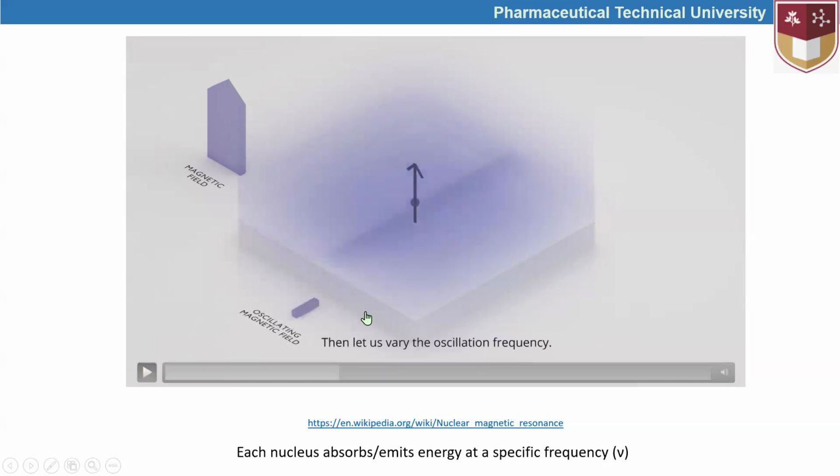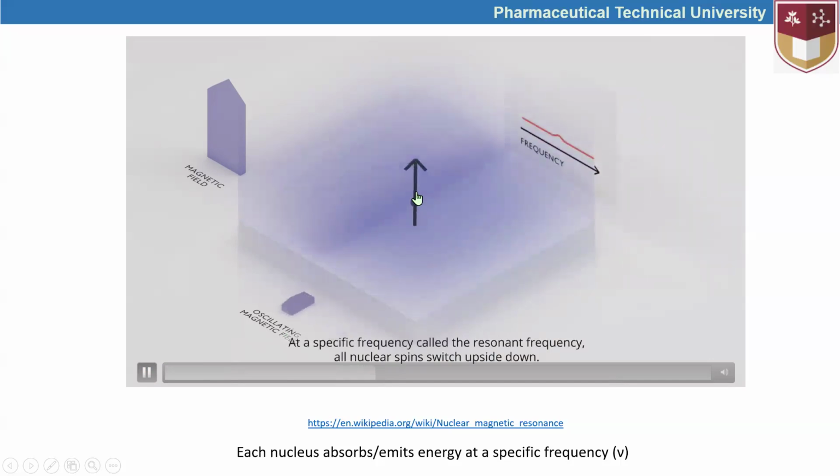And another oscillating magnetic field is formed around the studied compound, and the power, the oscillation changes, the magnetic field changes around that nucleus, increasing, decreasing, increasing and decreasing.